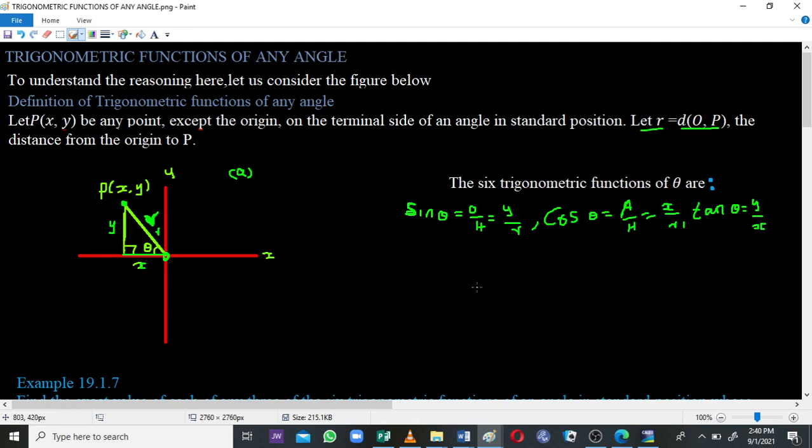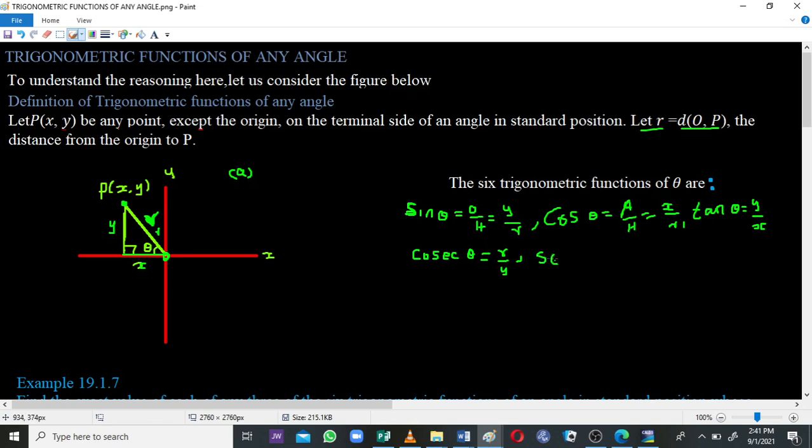Now we can also define cosecant. Cosec theta is equal to hypotenuse over opposite. Our hypotenuse is r, over our opposite, which is y. Let's go to secant.